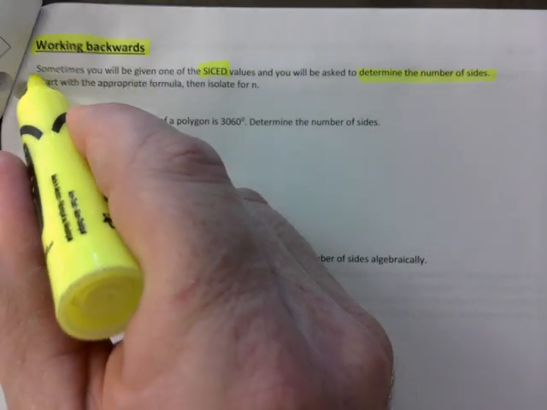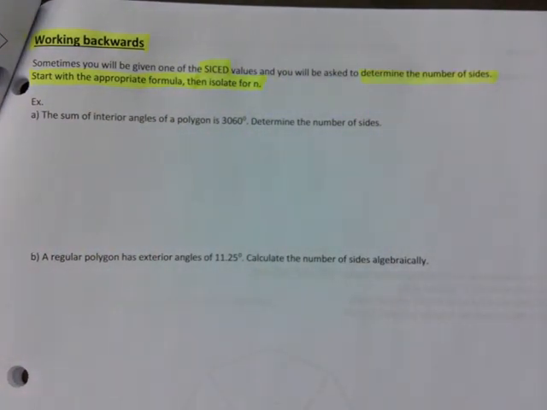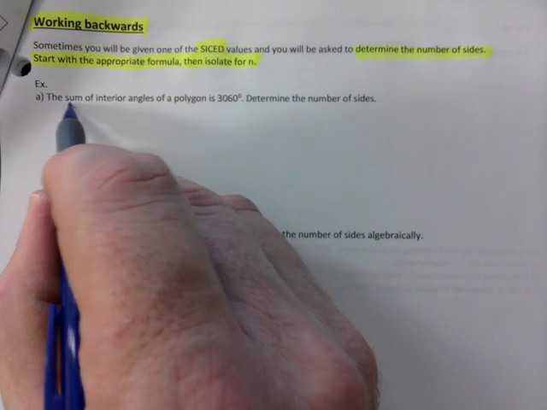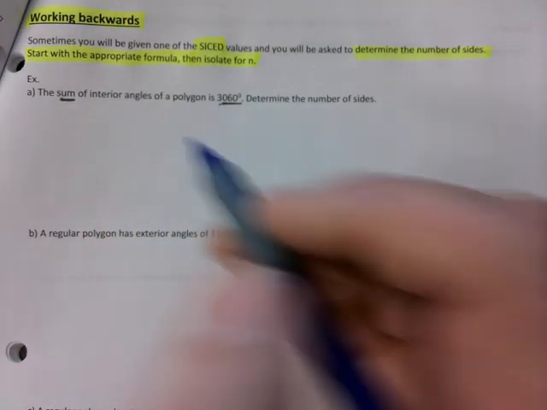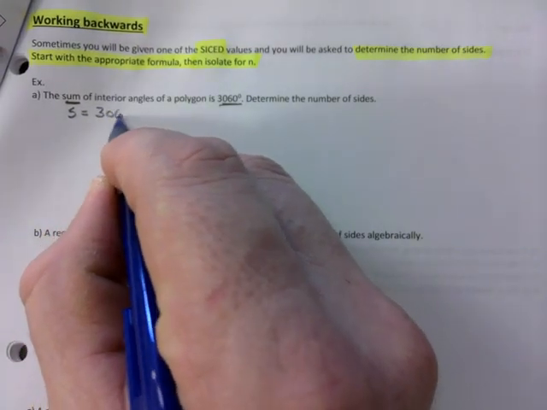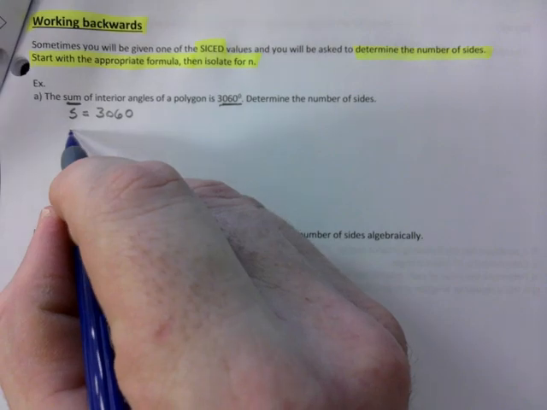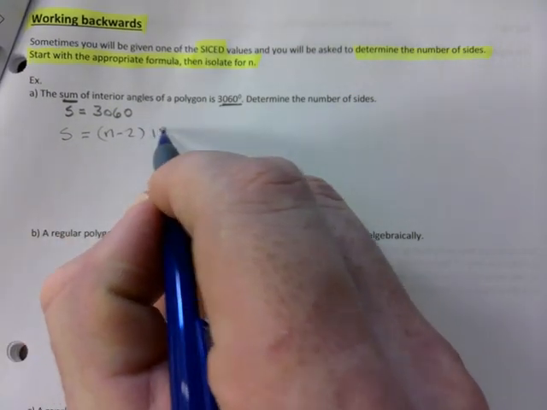So what we will essentially do is start with a formula, then isolate for n. Every single time, that's how you start. So the sum of interior angles is 3060. The formula for the sum is (n minus 2) times 180 degrees.